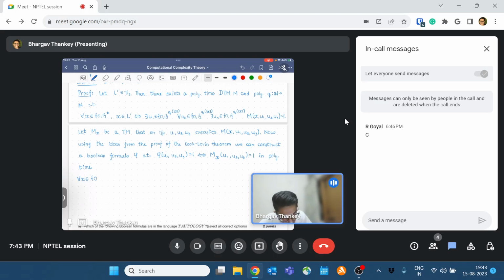Let me call this phi x. x is in L prime if and only if this is true. But if this is true, mx of u1, u2, u3 must be 1.